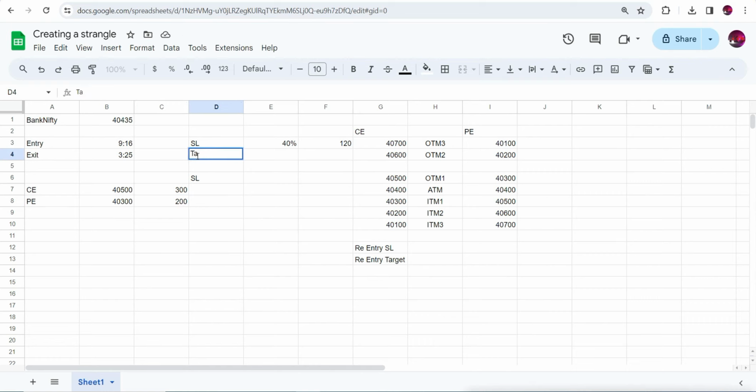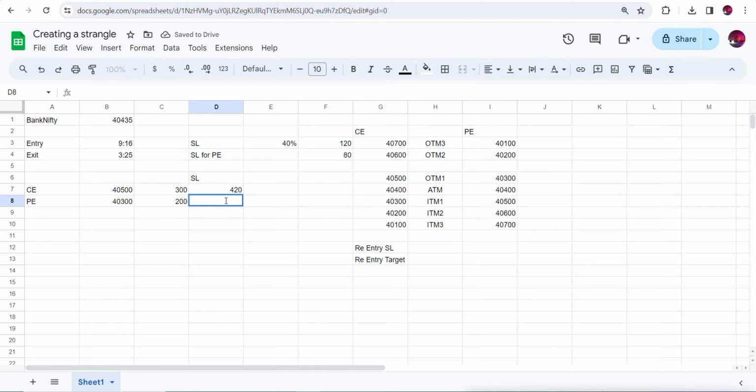Let me enter stop loss for put here. I have explained this in our previous video in detail. You can also watch that to see how the stop loss is selected. So our 120 is the stop loss. So here you can see our stop loss is 420 and 80 points is the stop loss for put leg.